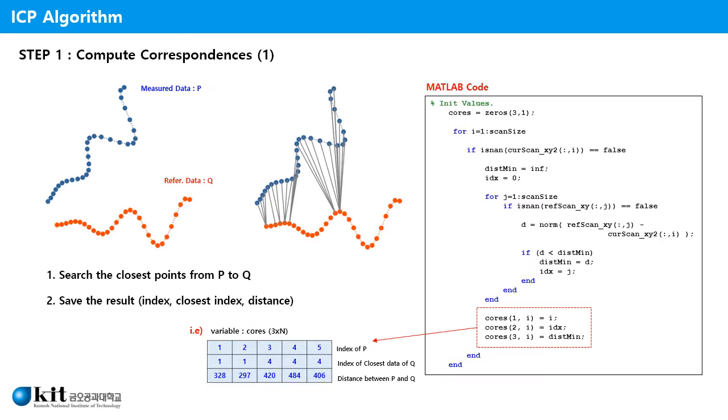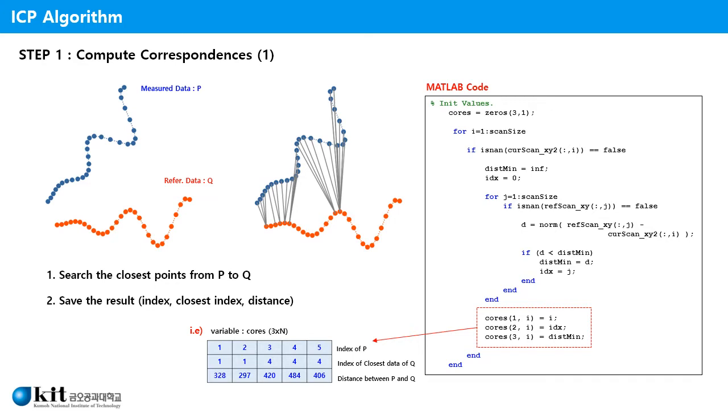The first step is to compute the correspondence between the given two data sets. From all of the points in measured data set P, calculate the distance to all of the points in reference data Q. Sometimes the two data sets have none values.